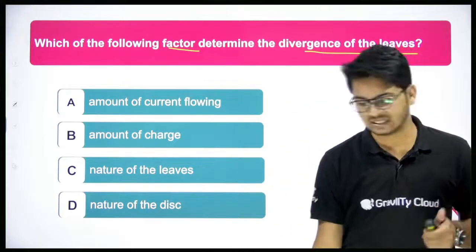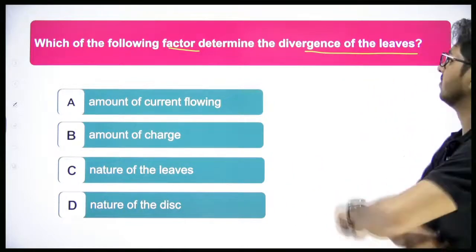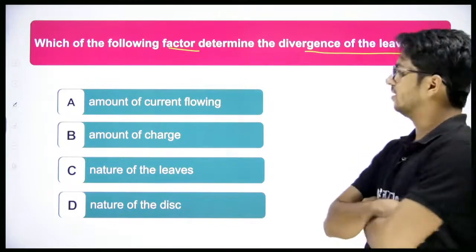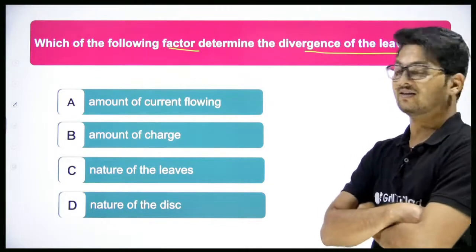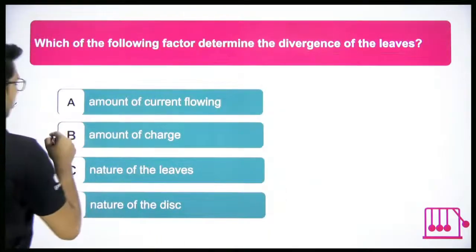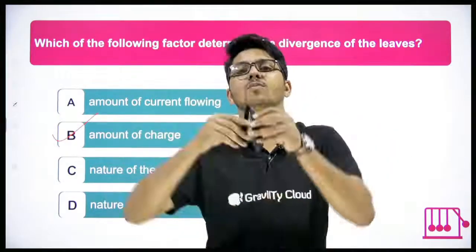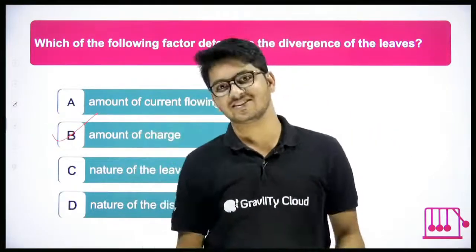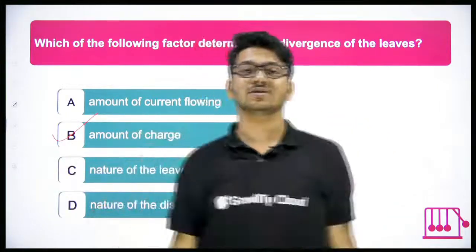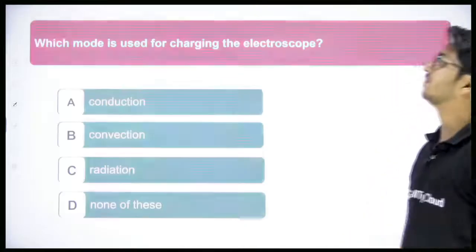The correct answer is B, amount of charge. More the charge, more the repulsion, more the divergence. Simple, right? Clear? Option B, amount of charge.